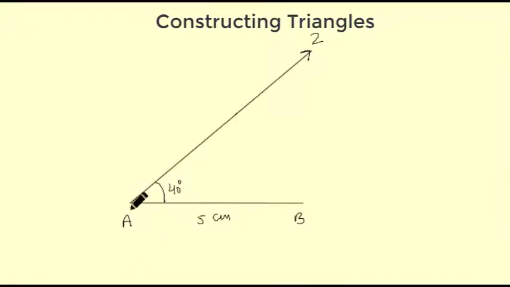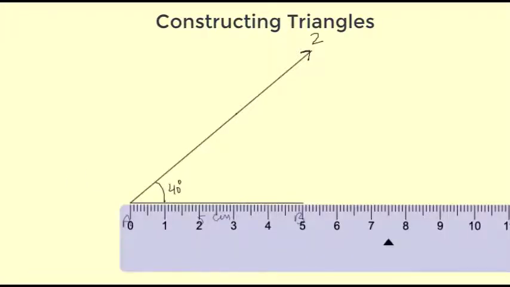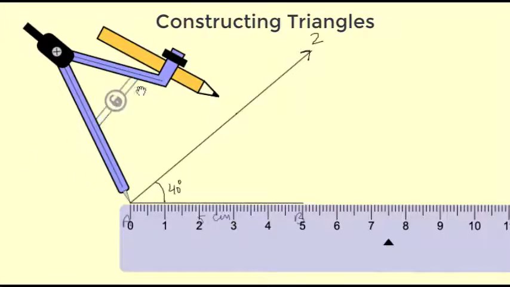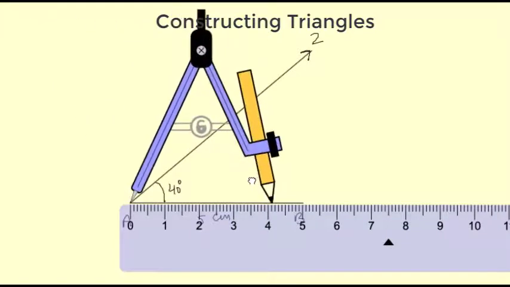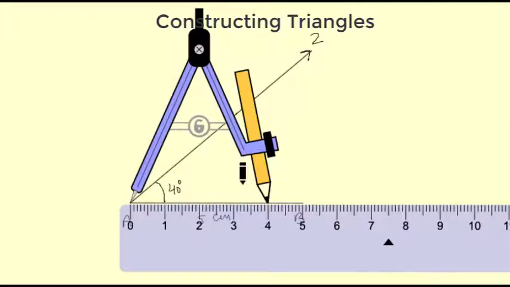Now, all you need to do is to draw another line segment on this ray AZ such that it is at a distance of 4 centimeter from the point A, right? So for that, you will need a ruler tool. Let's bring our compass. Open the compass far enough so that it is precisely 4 centimeter long, right? And the metal end is at the right position.